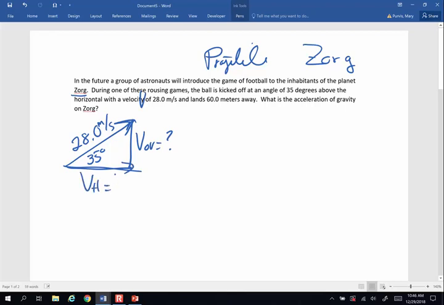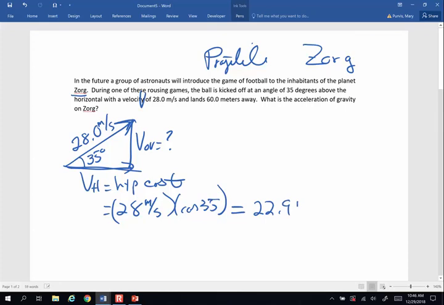So horizontal velocity, this is going to be my adjacent side. So this is going to be my hypotenuse times the cosine of theta, or 28 meters per second times the cosine of 35. And when I do the math on that, I ended up with 22.9 meters per second as my horizontal velocity.